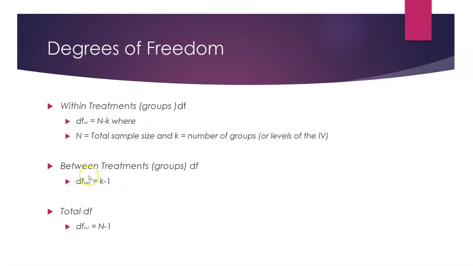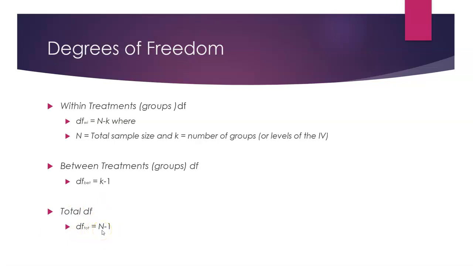We also have degrees of freedom associated with our between treatment variability, and in this case, it is k, the number of groups, minus 1. So in that same example, we would have 3 minus 1, which would give us 2. So when we think about the degrees of freedom associated with an analysis of variance, it's going to be 2 and 97. Now, our total degrees of freedom is going to be the total sample size minus 1.